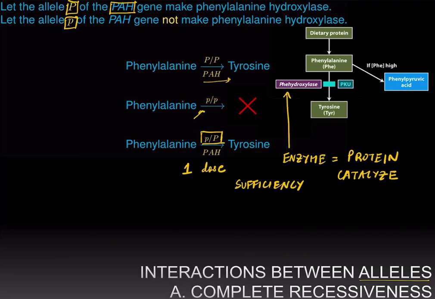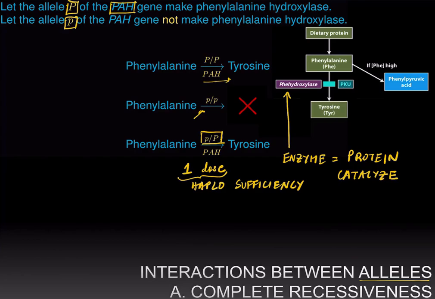And that is why the big P allele, the one that makes the enzyme, is dominant, whereas the little p allele that does not make the enzyme is recessive. This way of having recessiveness is called haplosufficiency, and haplo means one dose.